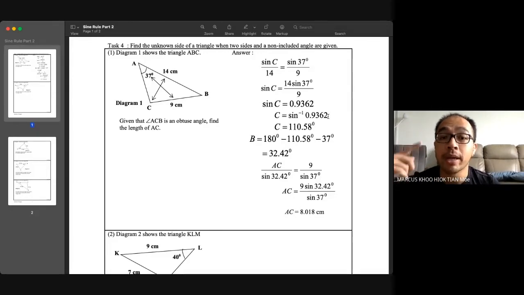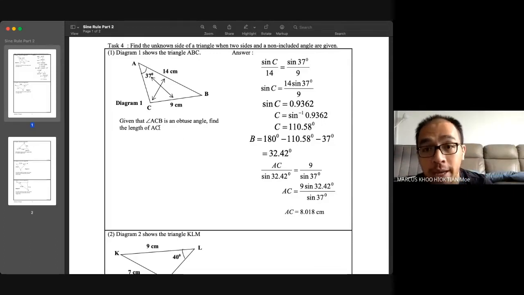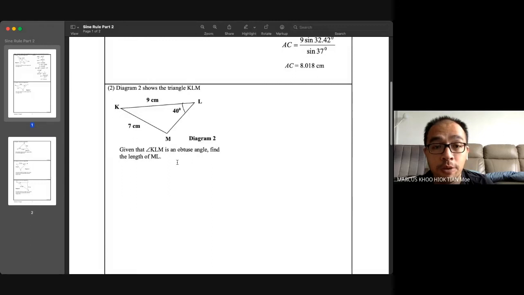Why? Because the question already says it is an obtuse angle. So actually there is a shortcut here. They didn't show you the shortcut, but I want you to remember it's minus 180. Be very careful with this. Read the question properly and tell me which is the obtuse angle.